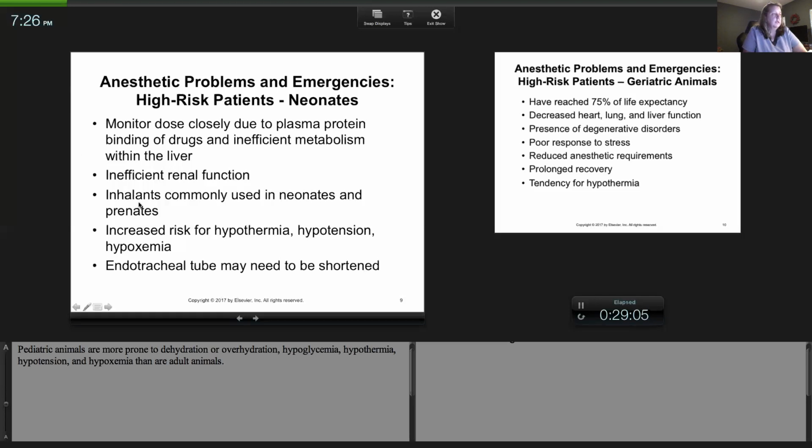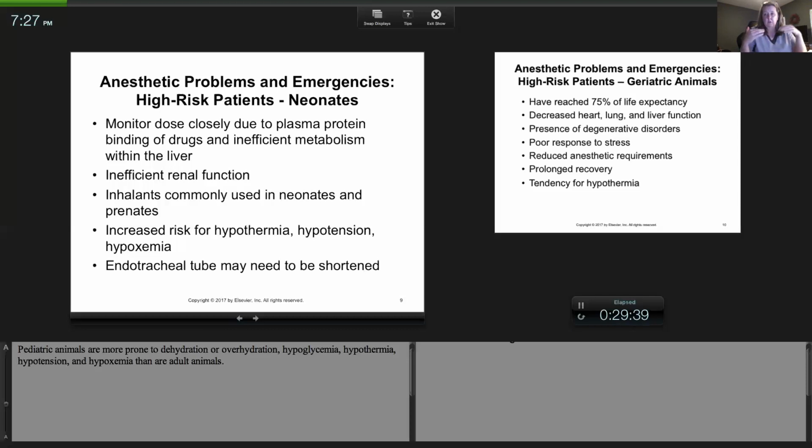So you can use inhalants. They do have a high risk of getting cold and a high risk of low blood pressure. Also, they can have low oxygen. Now, one thing I want to mention, physiology, I've told you guys over and over again. You've got to know your physiology. Puppies' blood pressure is dependent on their heart rate. So in an adult animal, when they have fluctuations in blood pressure, the blood vessels can adjust their diameter and compensate.